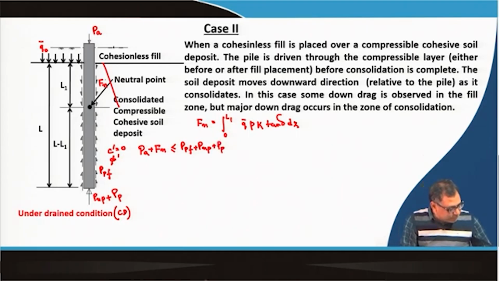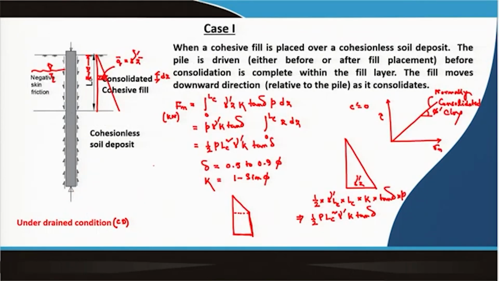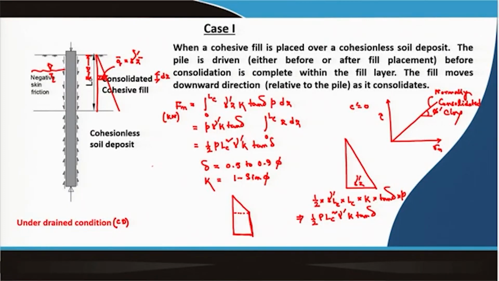Okay. So, I should write the meaning of the different terms. P is the perimeter, that I have not written here. So, P is the perimeter, then K I have given, tan delta I have given, and LC is the length of the fill zone.